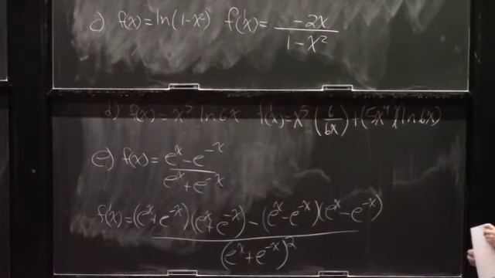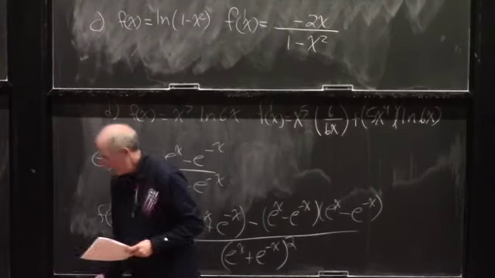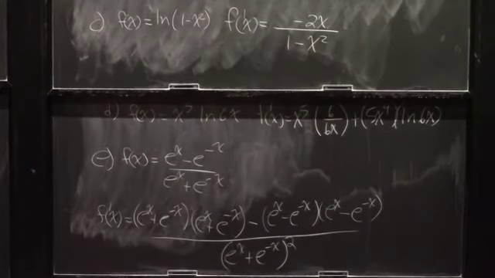Last one, equation of a tangent line. Okay, y equals x squared e to the 4 minus x, and we're going to find that at x equals 4.